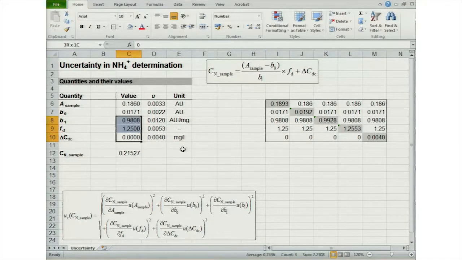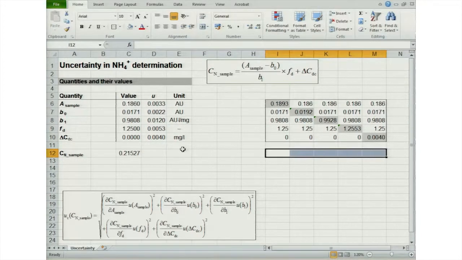in this column here. But in each column, one of the input quantity values has been changed by adding the standard uncertainty. And now into these cells here, we will compute the value of the output quantity using these input quantities here.